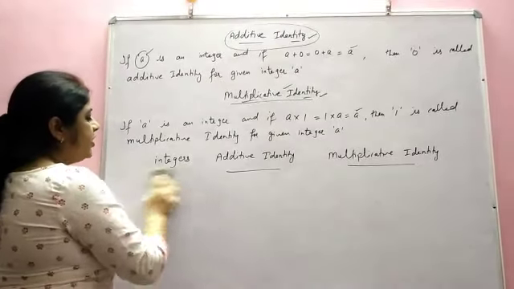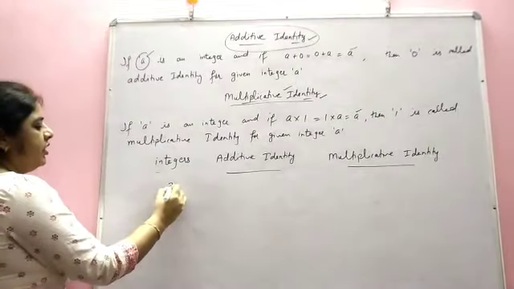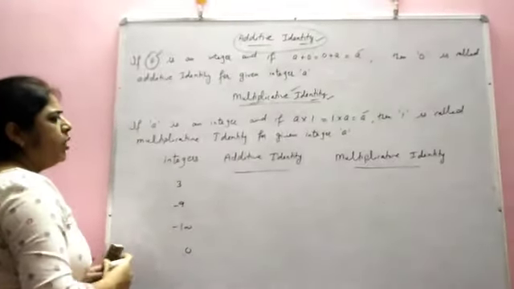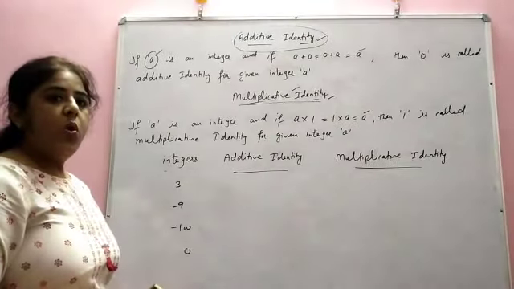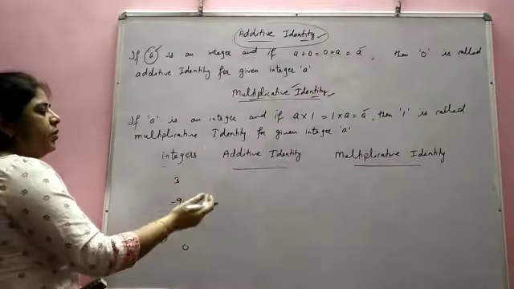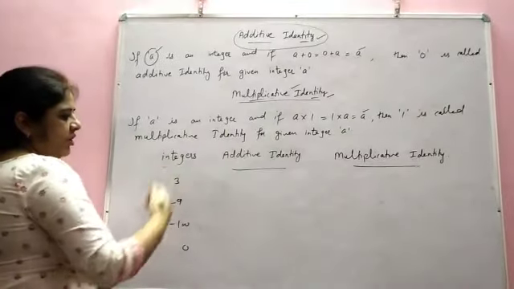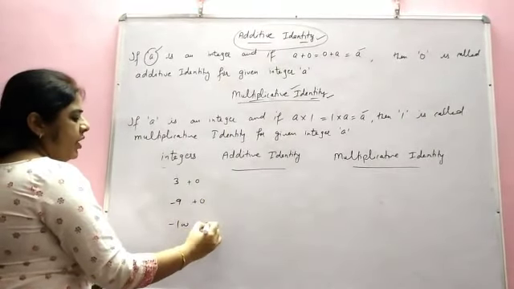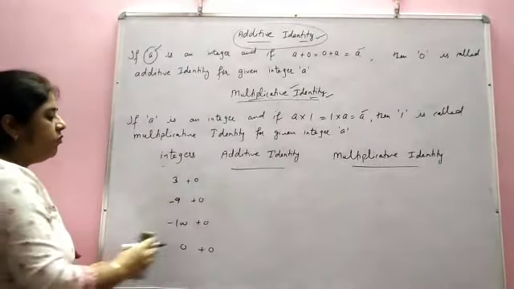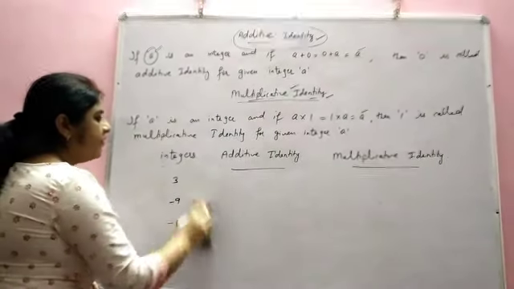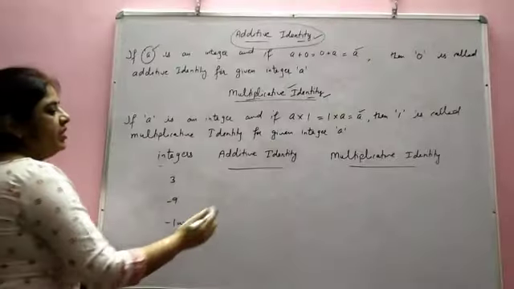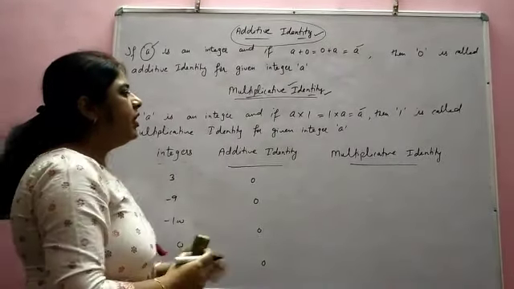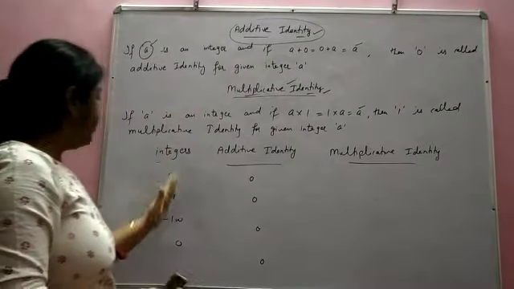Now we are here with some examples. 3, minus 9, minus 100, 0. What is the additive identity for all these? As we know, what should be added so that it will not affect its value? Obviously in each case, if 0 is added, it will not affect its value. So the additive identity for any type of integer is always 0. And what is the multiplicative identity for the same numbers?